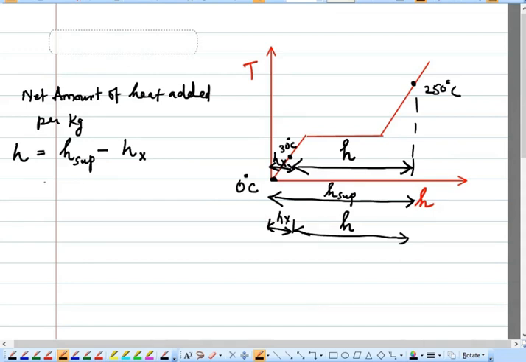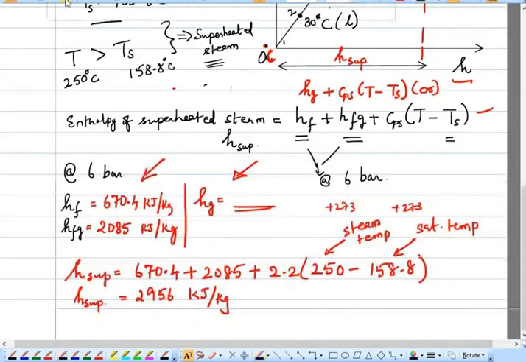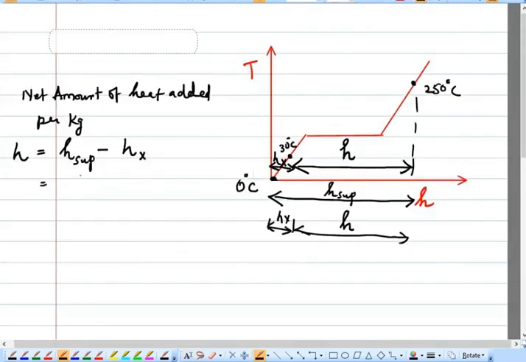This value I have calculated, and it is 2956. 2956 minus, what is this value? This is the amount of heat that has to be added to bring the water from 0 degrees Celsius to 30 degrees Celsius.